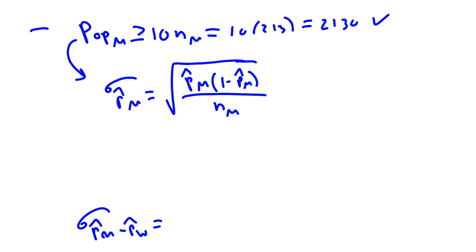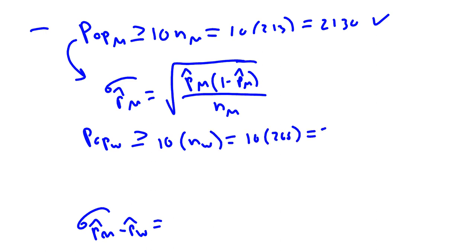You're supposed to check another population. You have to check that the population of women in college that have never been married is greater than 10 times the number of women that were interviewed, which is 10 times 208, which is 2,080, and it's certainly more than 2,080 women in college who have never been married.